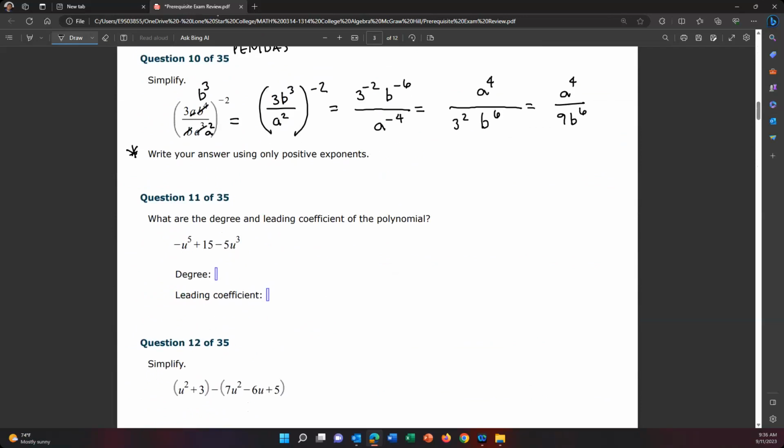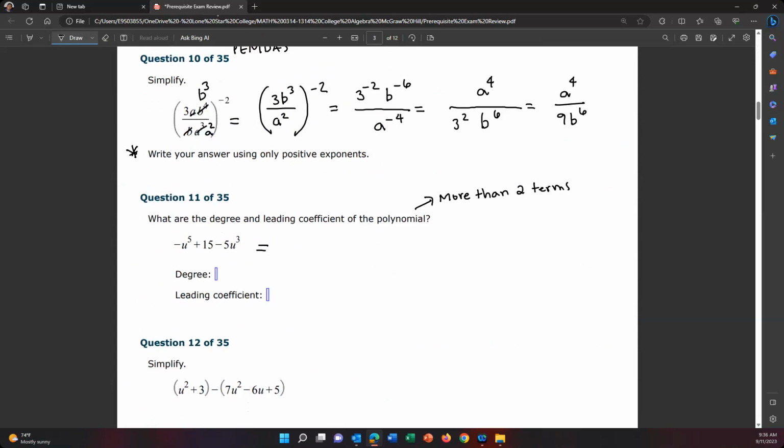Okay, so if we were to write this polynomial, because it has 1, 2, 3, more than two terms, we could call this a polynomial.